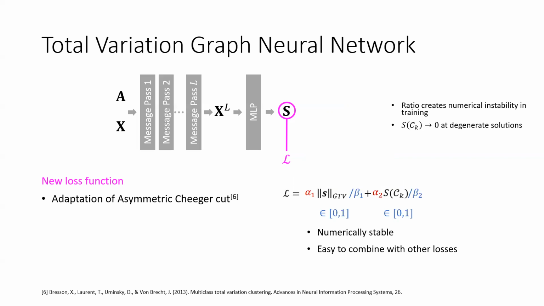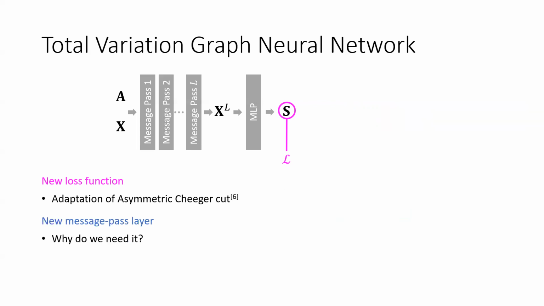The loss we obtain is now numerically stable, and since the terms take value in a controlled range, it is also easy to combine it with other losses, such as a cross entropy when performing a task such as graph classification. The second ingredient is a new message passing layer.